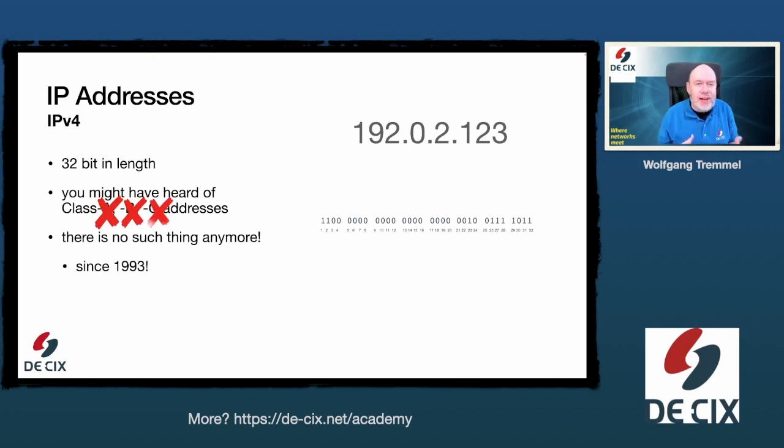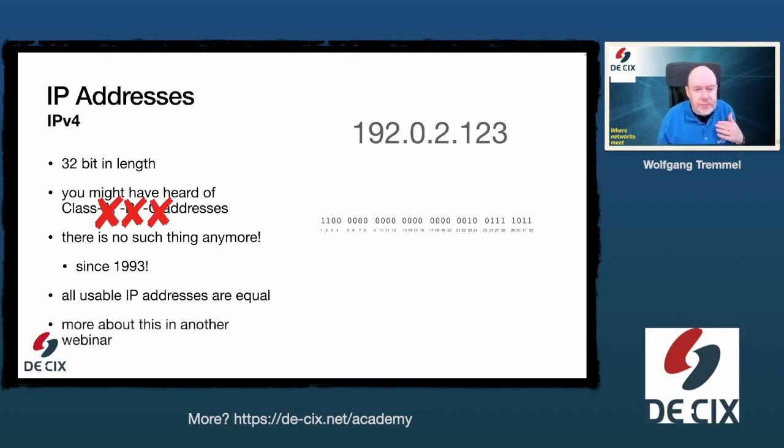There are no class addresses anymore, and this is since 1993. If you hear somebody talking about a class C address, tell him, well, it doesn't exist, and perhaps that person should retire. Good. All usable IP addresses are equal. And I will tell you more about this in another presentation.